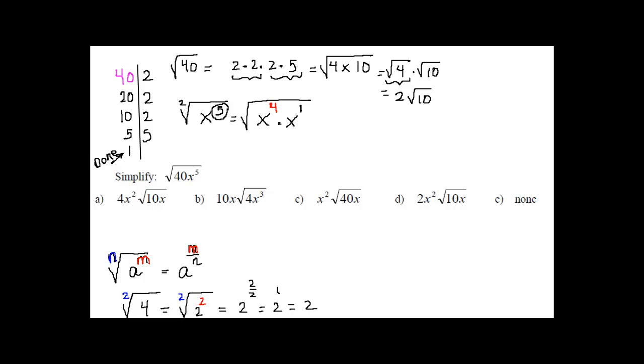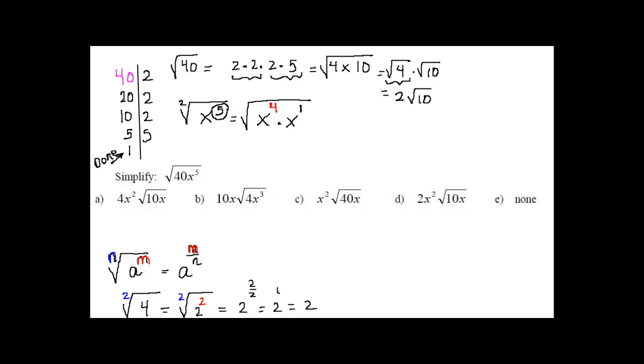So if this exponent here and the root here are divisible, then we can get this number out of the radical. So in this case, we cannot divide 2 into 5, but the closest number to 5 which is divisible by 2 is 4. So I'm going to break this into x to the power of 4 times x to the power of 1.